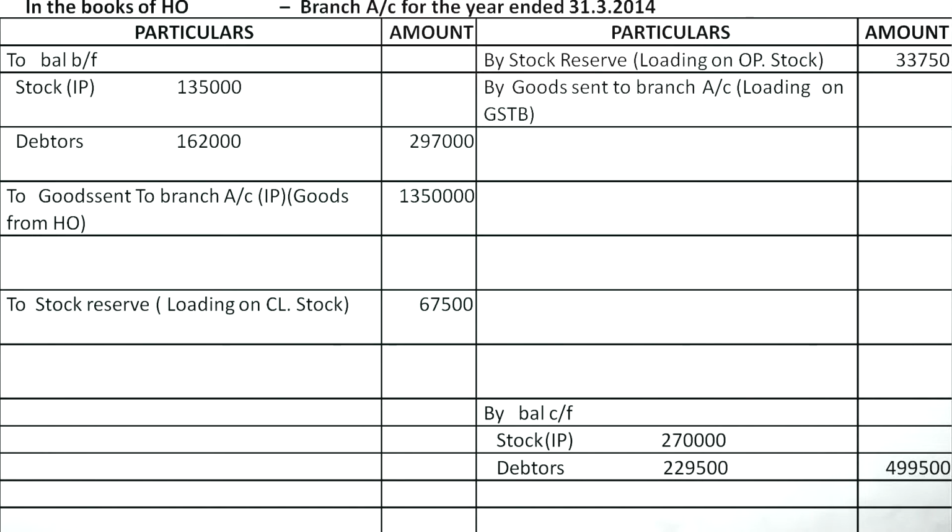Loading regarding this will be 3,37,500. What will be the entry regarding loading on goods sent to branch? Goods sent to branch account debit to branch account. Next one.